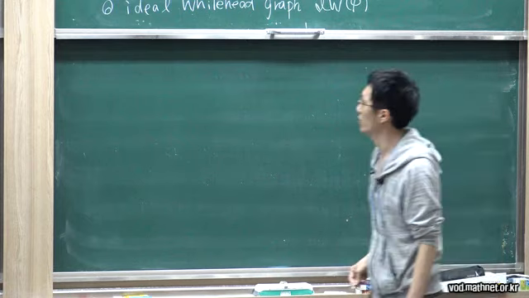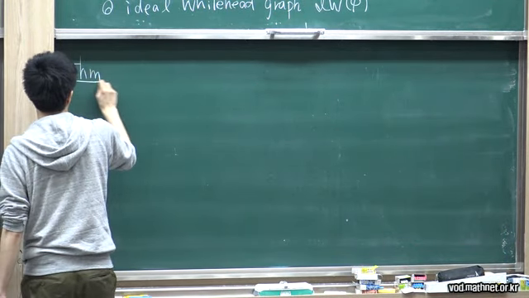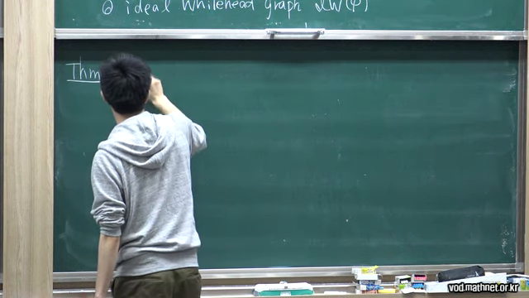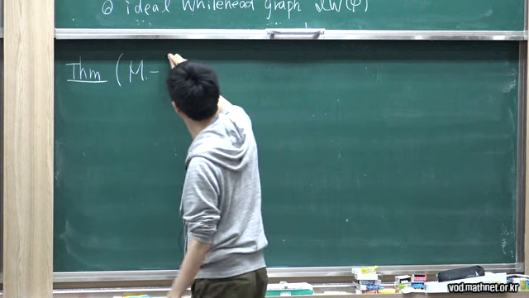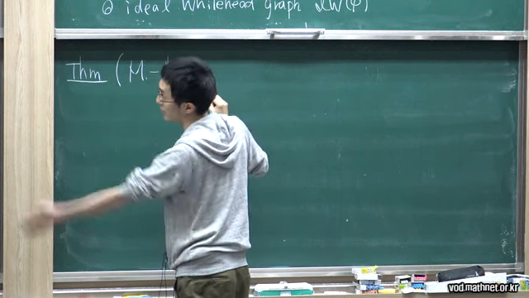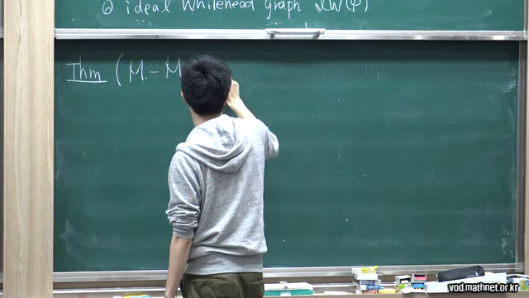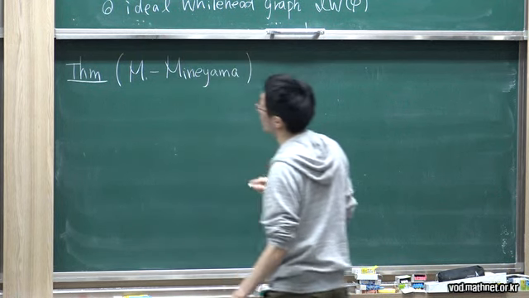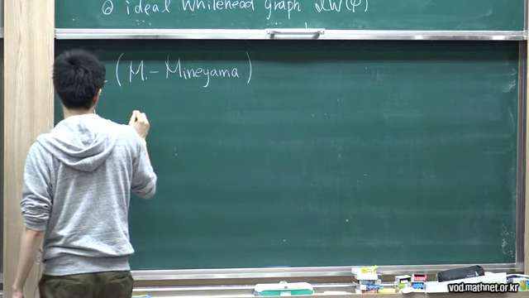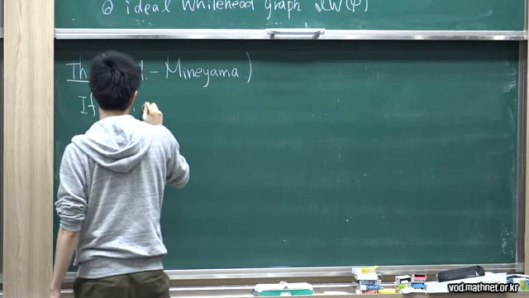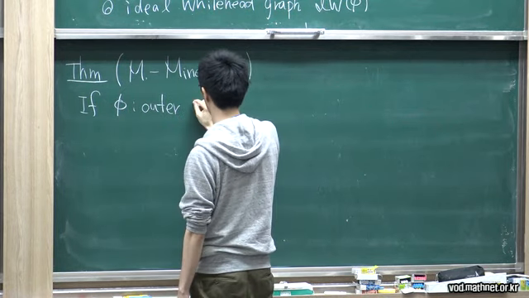Okay, so the main theorem that I would like to think about today is the following. I posted a paper on arXiv yesterday with the same title as this talk. So if phi is an outer automorphism, I have to assume several things.